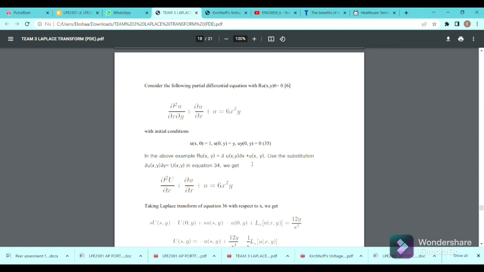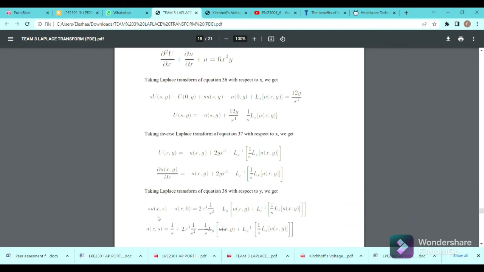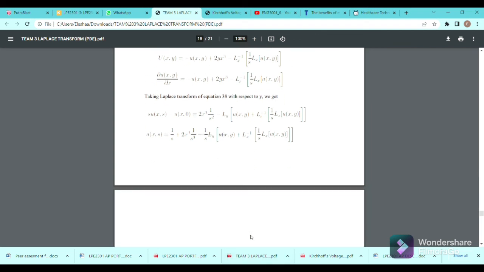Then use the substitution in equation 34, and we get this one. Taking the Laplace transform of equation 36 with respect to x, we get this one. Taking the inverse Laplace transform of equation 37 with respect to x, we get this one. Taking the Laplace transform of equation 38 with respect to y, we get this equation right here. And that's it for the example.